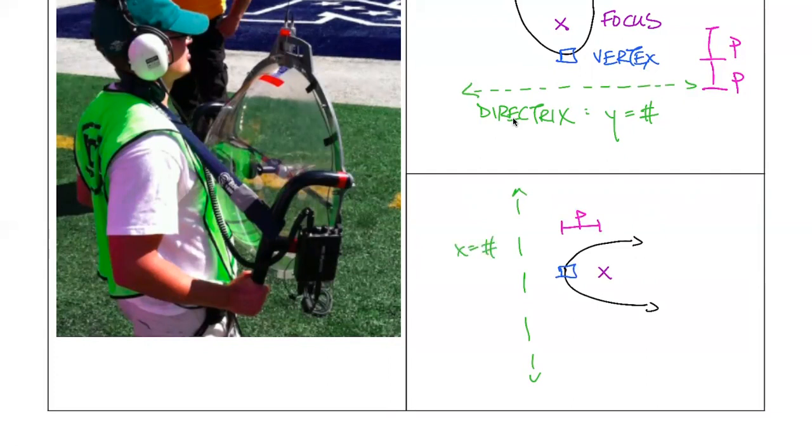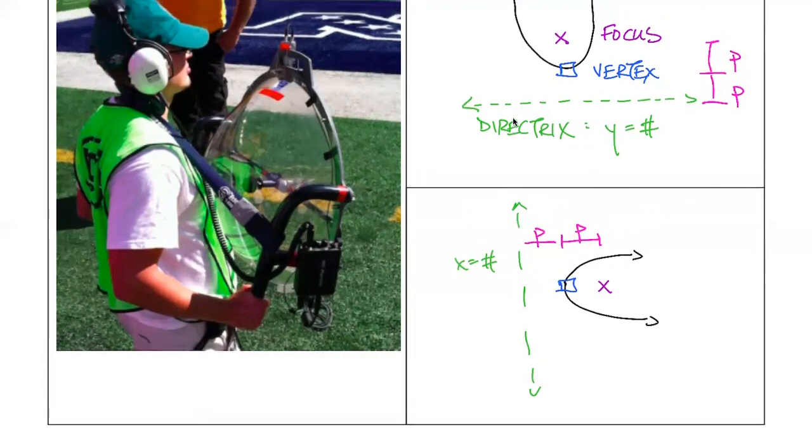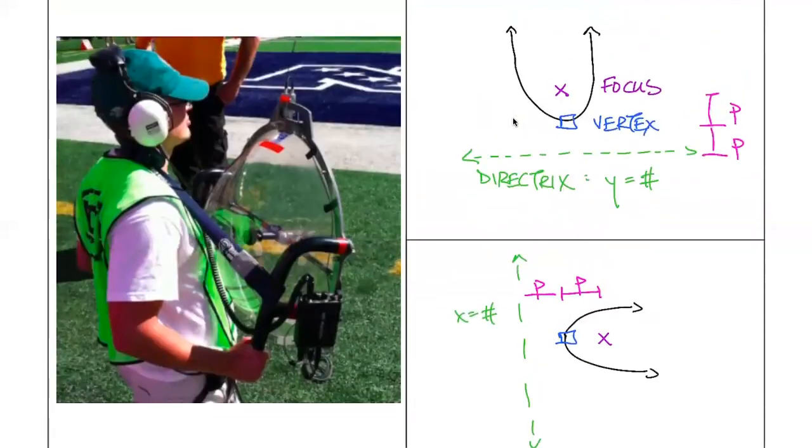And the distance from the vertex to the directrix is also p, okay? So that's sort of what we're gonna be drawing as we go along. We're gonna wanna find the vertex, find the focus, find the directrix, and then sketch all those features.